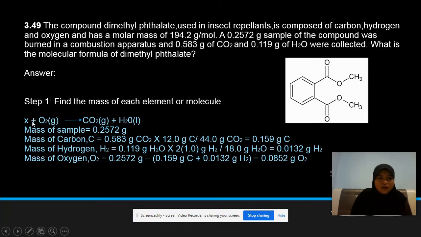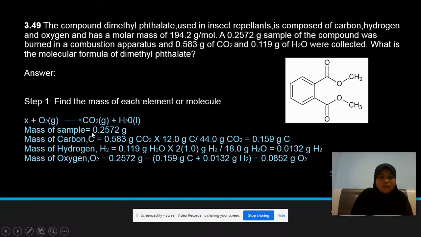X represents the unknown molecular formula of dimethyl phthalate. Dimethyl phthalate reacts with oxygen to produce carbon dioxide and water. We know that the mass of sample given is 0.2572 gram. So we must find the mass of each element or molecule.